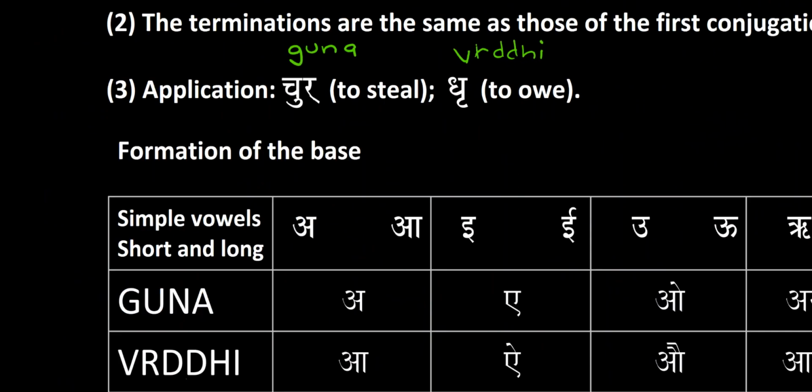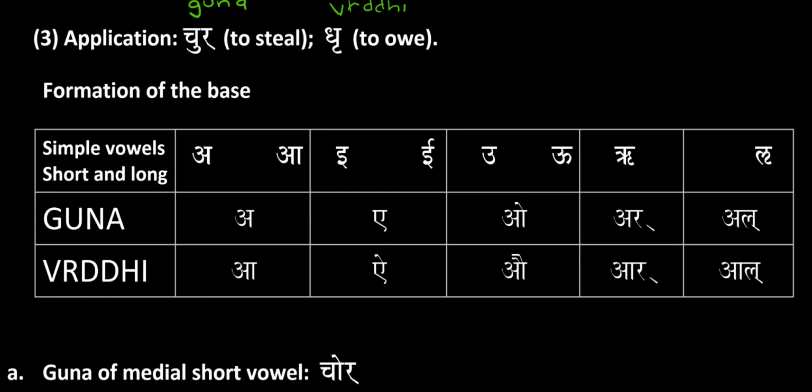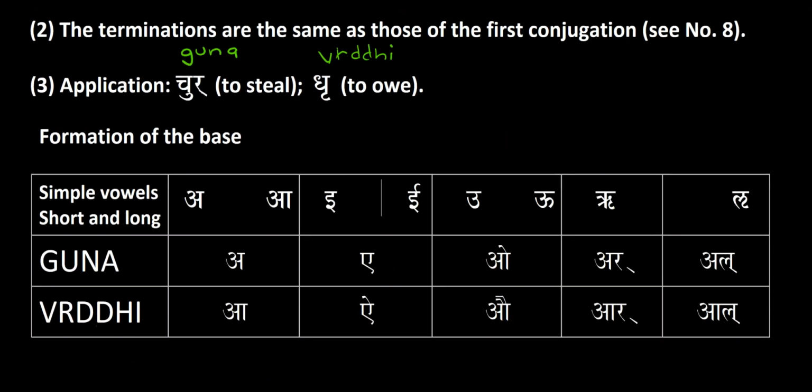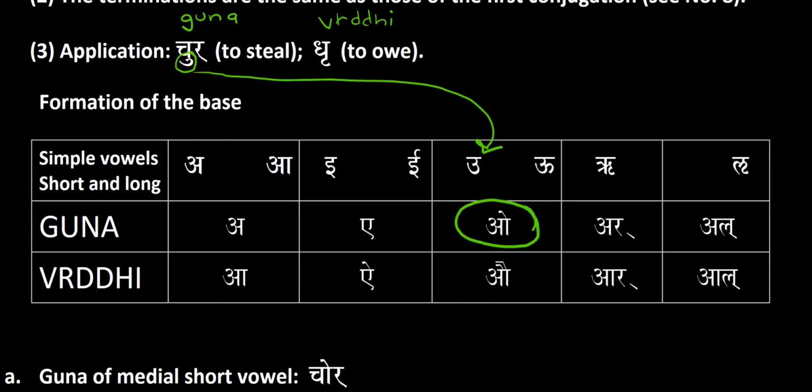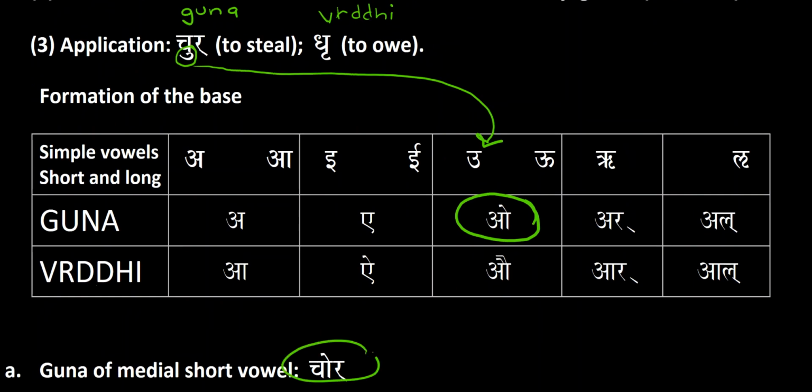So now that we know what takes guna and what takes vridhi, let's take a look at our old friend, the guna and vridhi table, and let's start the formation of the base. So we'll start first with chud. We have the medial vowel, so it's going to take guna. The short medial vowel here is u, so the u in chud is going to turn into an o. So you end up with chod for your new verbal base.